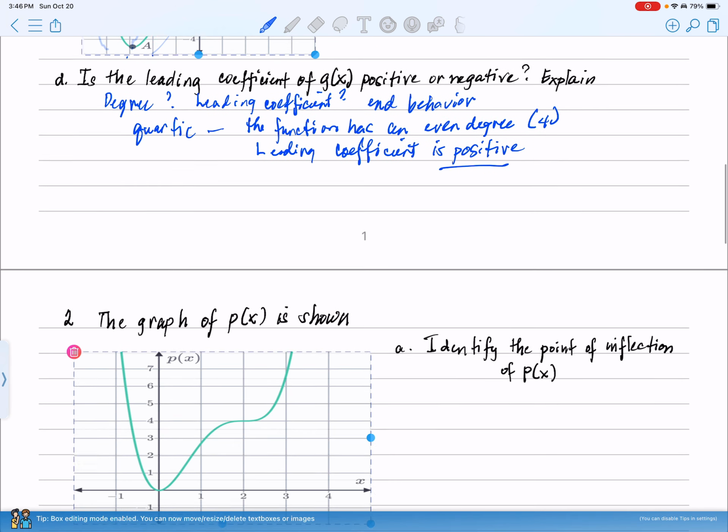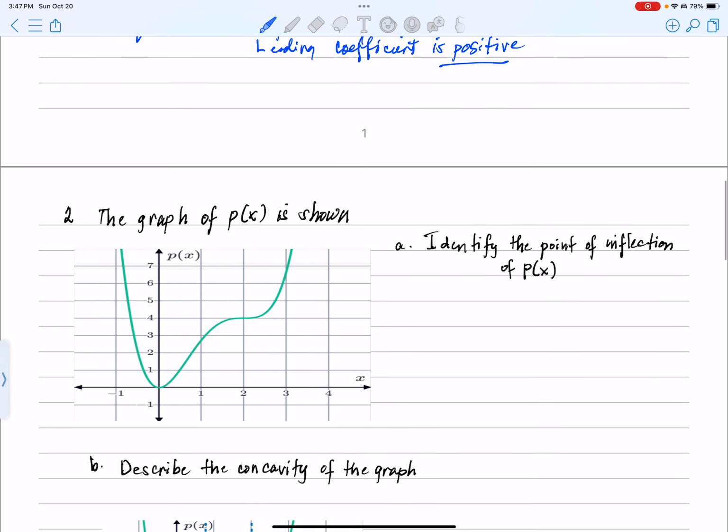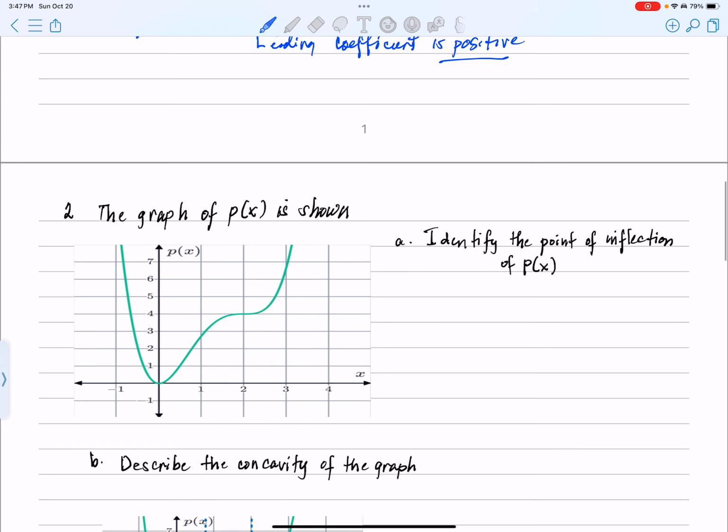All right. Number 2, the graph of p of x is shown. Identify the point of inflection of p of x. If we look at the graph, let's go back to the definition of point of inflection. When you answer, always write it down.